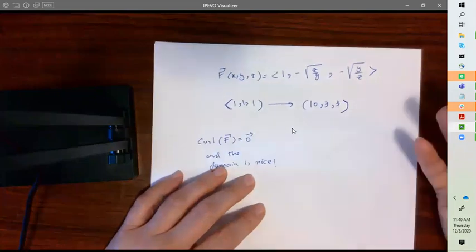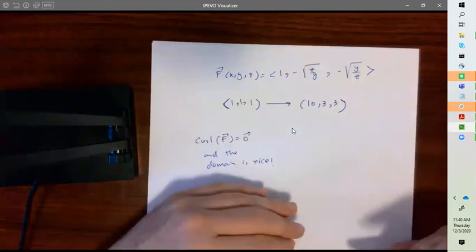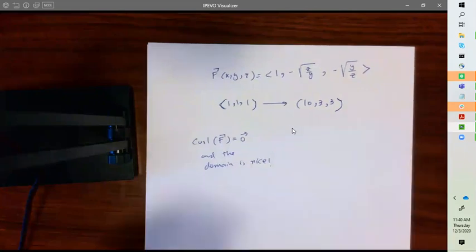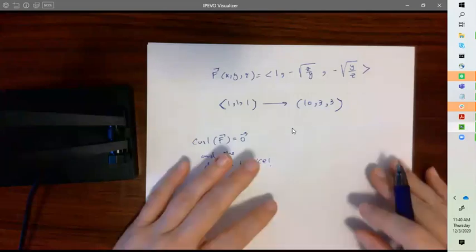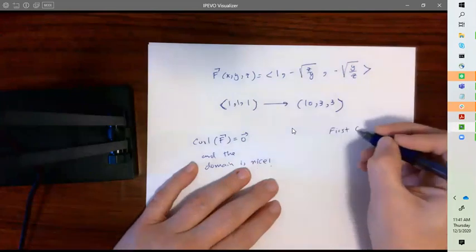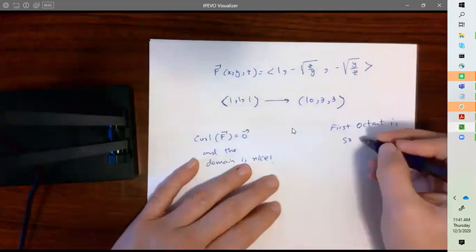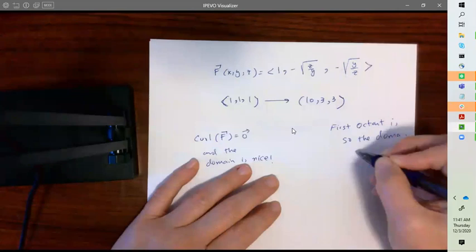So it tells me the domain. It tells me not to have two pieces of a domain, because I could also be in the opposite octant, and this function still would work, right? But they would be two pieces that are not connected to each other. That causes a problem with conservative fields. So this part of the first octant, the domain, is nice.